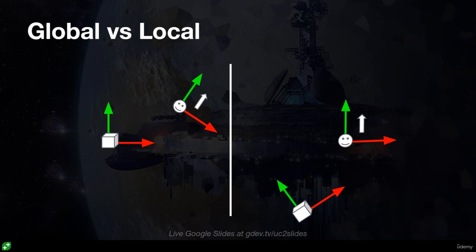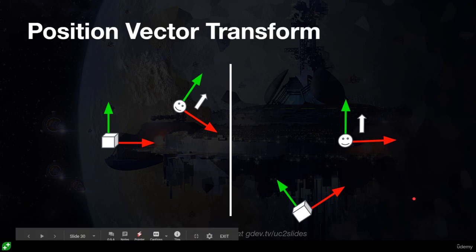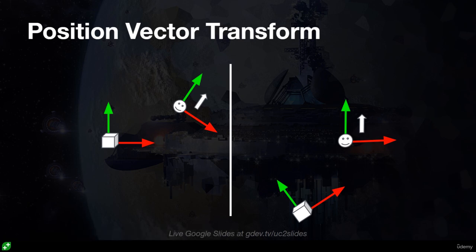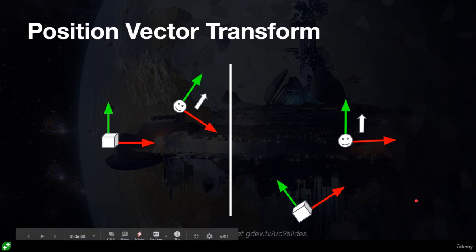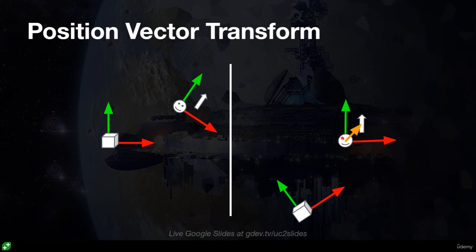So one more important distinction is how we do transformations for vectors of different sorts. The first example I want to look at is a position vector. So a position vector basically is a vector that gives us the difference between the current location, or the 0 point in our coordinate system, which when we are focused on the character is the character himself, and then it gives us an arrow that points to where something should be.